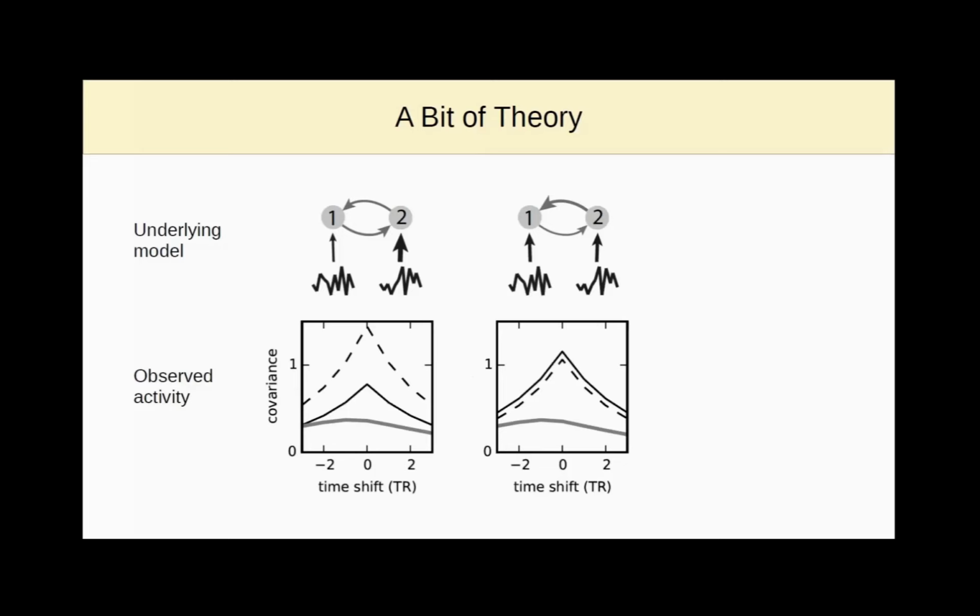In other words, when we observe the activity of the whole network, we can discriminate between these two configurations and say whether one region is strongly driving another because of the effective connectivity, or whether what we observe comes from different levels of noise input in each region.